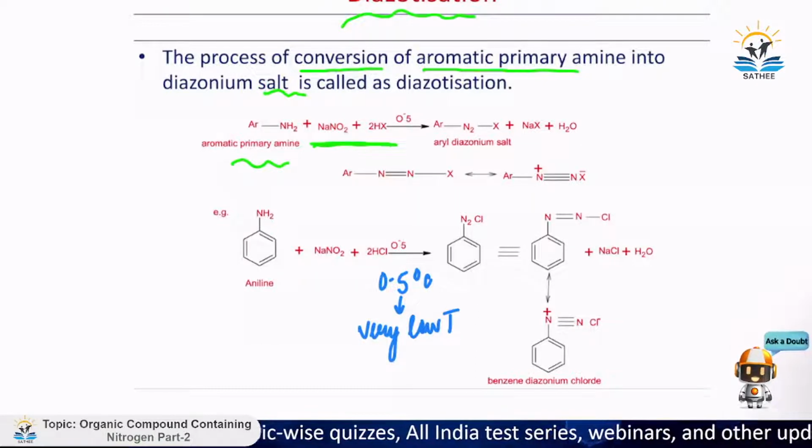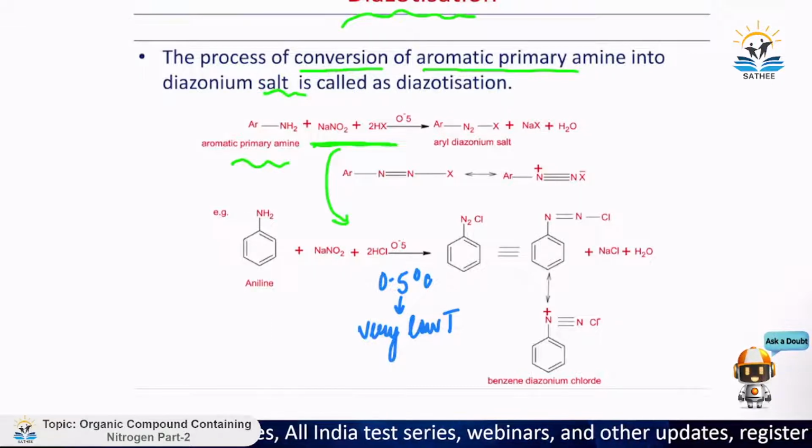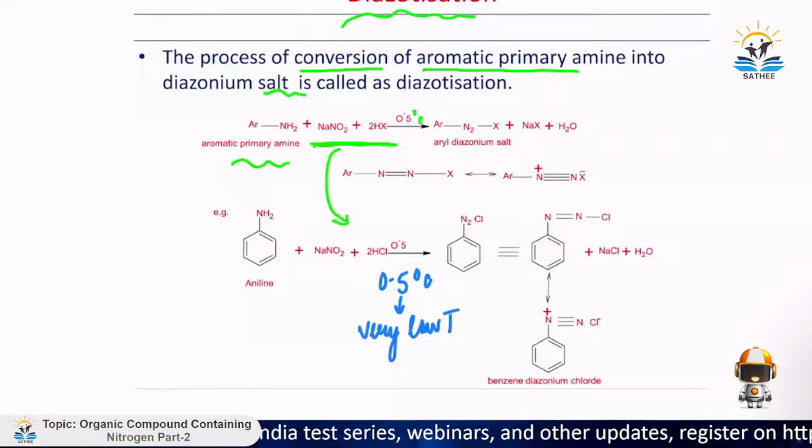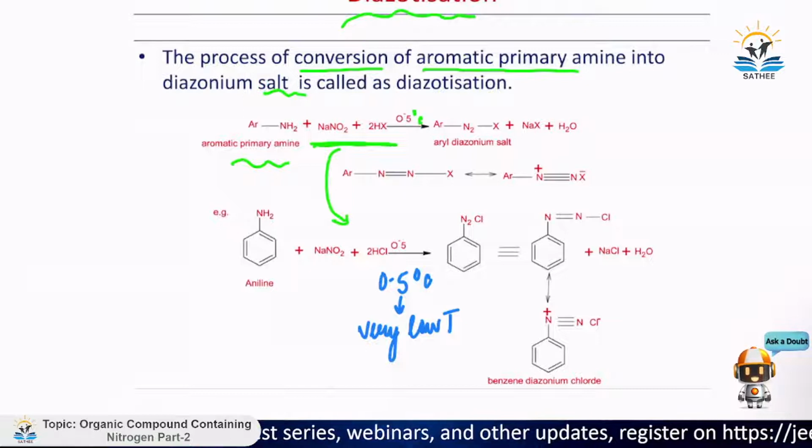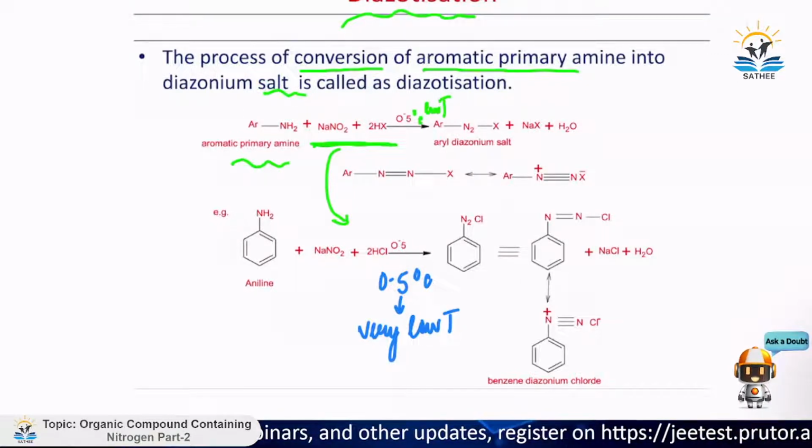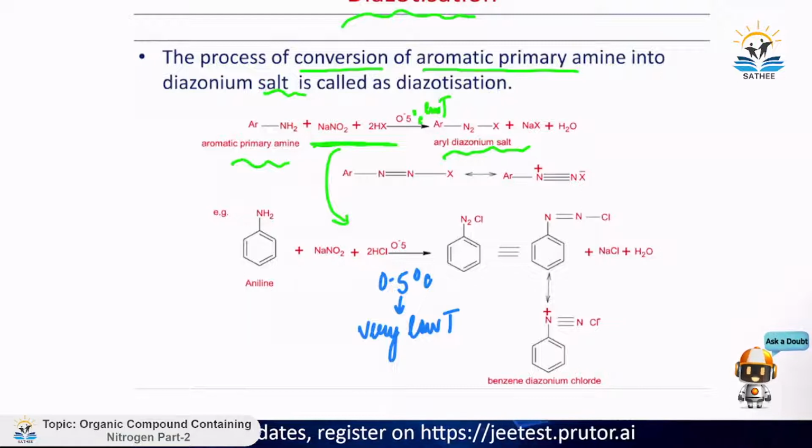So we do in the presence of, take it as Cl. So we do it at 0 to 5 degrees Celsius. It can also be written in Kelvin. That means at a very low temperature, we convert this aromatic primary amine into aryl diazonium salt, and NaX and water is released. So this is the reaction.